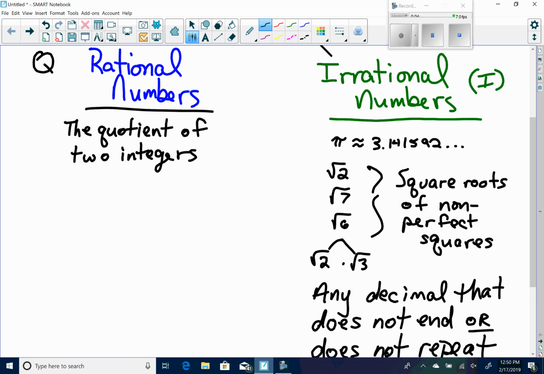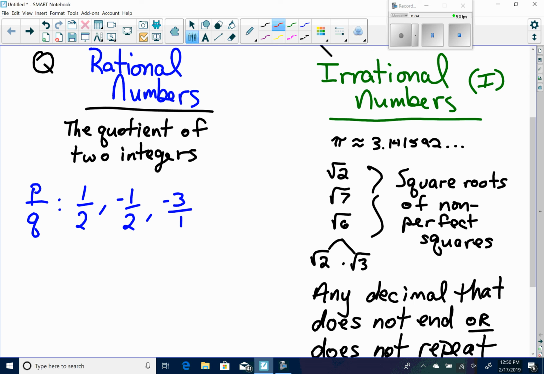In a different lesson, I did that as well. The quotient of two integers. So let's say we have just P over Q, where P and Q are two integers. It could be 1 over 2. It could be negative 1 over 2. It could be negative 3 over 1, which does simplify just into negative 3. So any number that can be written as a fraction.